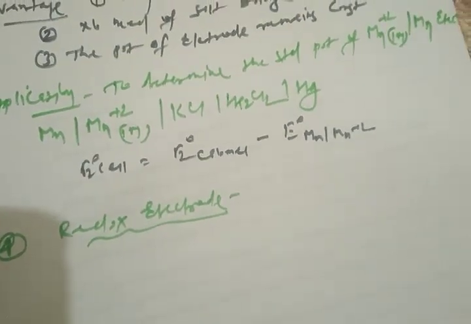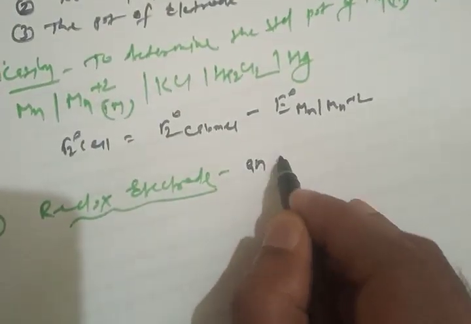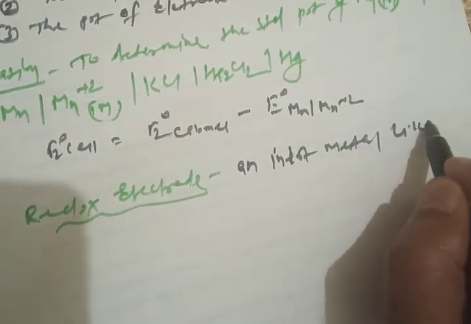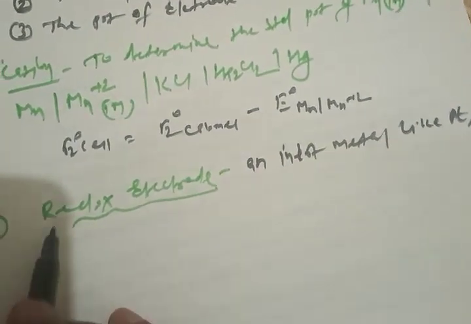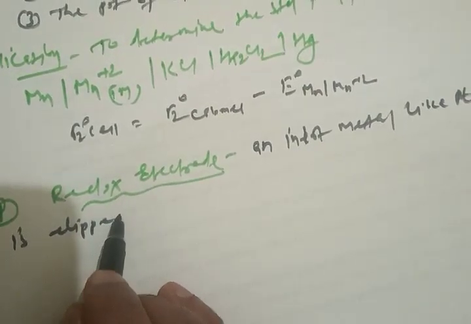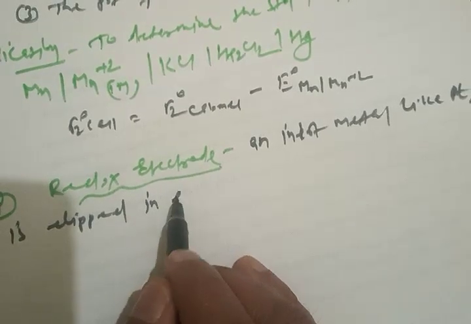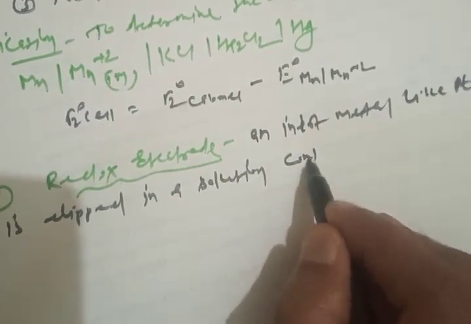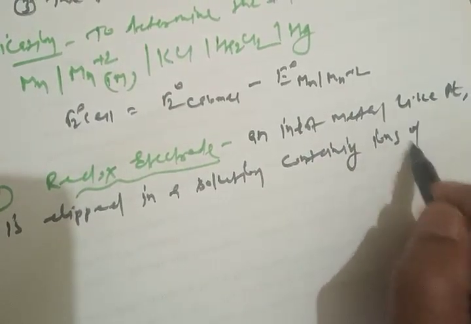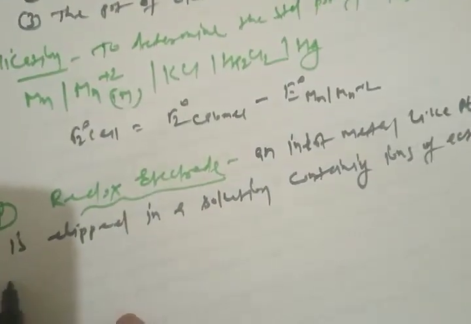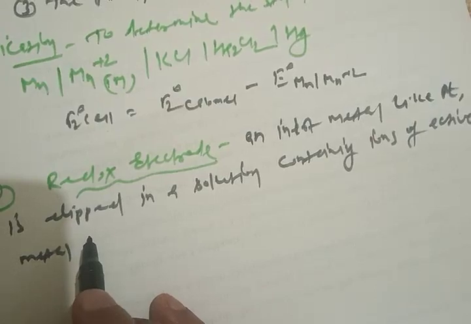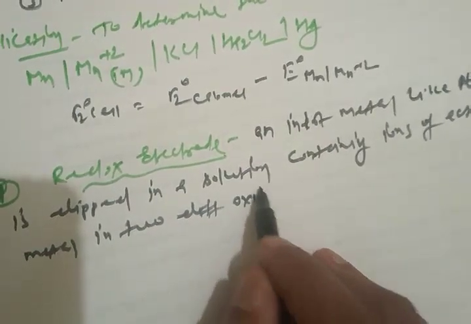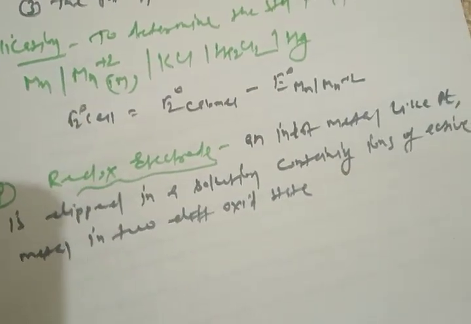What the redox electrode says is that in this electrode an inert metal like platinum, which is very important, is dipped in a solution containing ions of an active metal in two different oxidation states. That means it's the same metal but it has two different oxidation states.